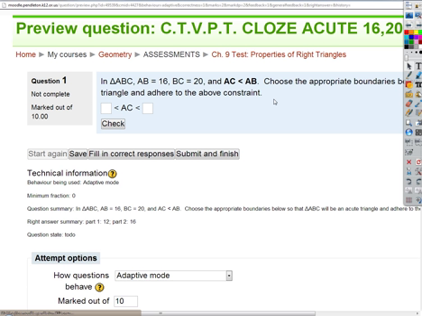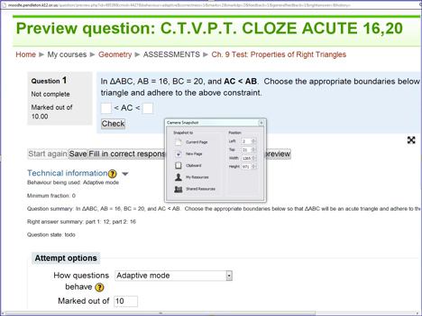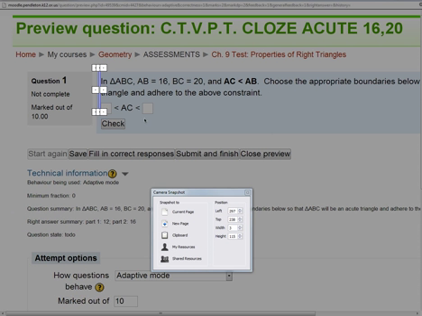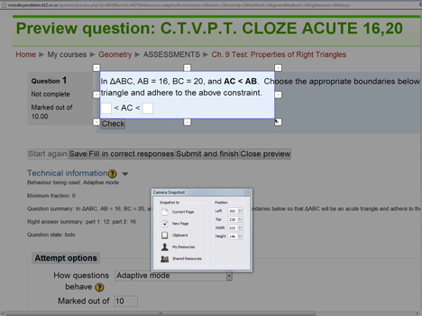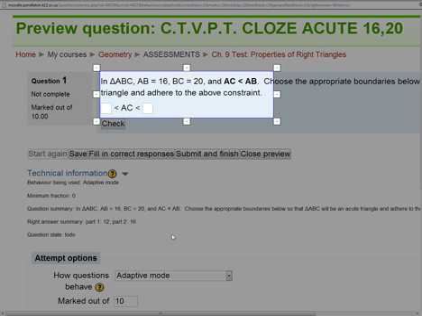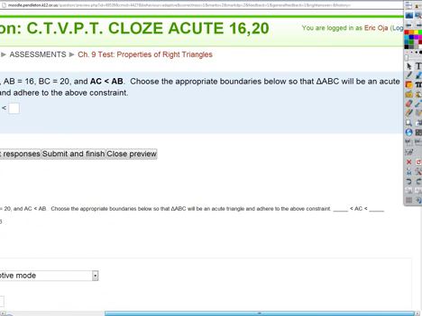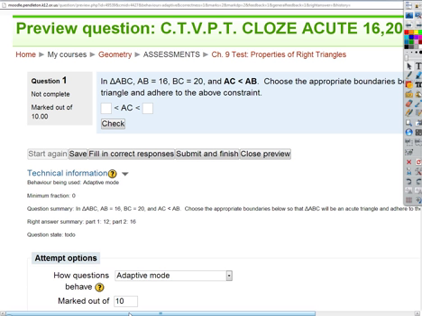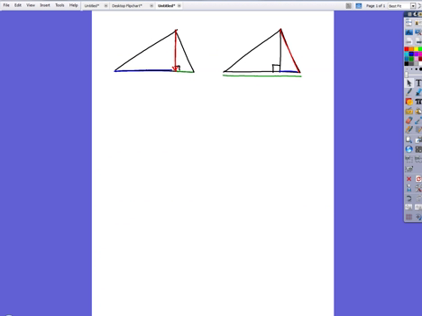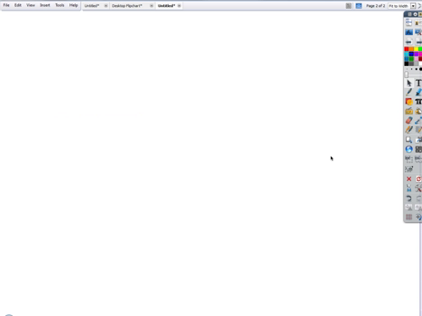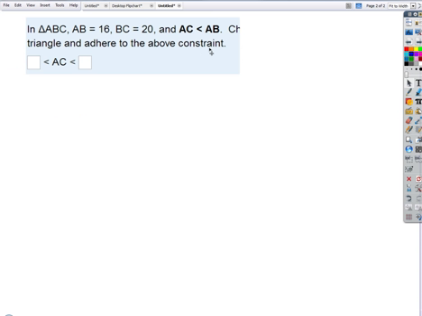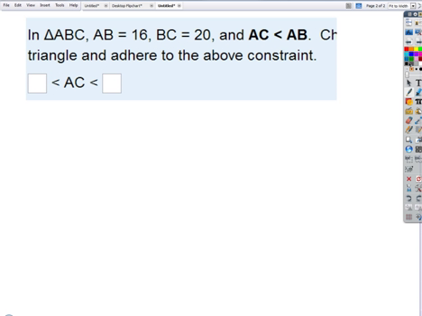If they're giving me this information about a triangle, and we got to pick the values of AC that are going to make that happen, right? What's this one supposed to be? If you read clear over, it's supposed to be acute.